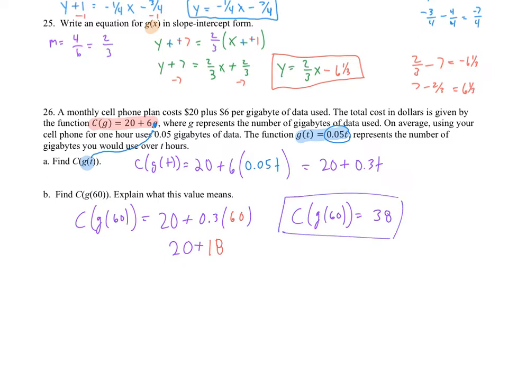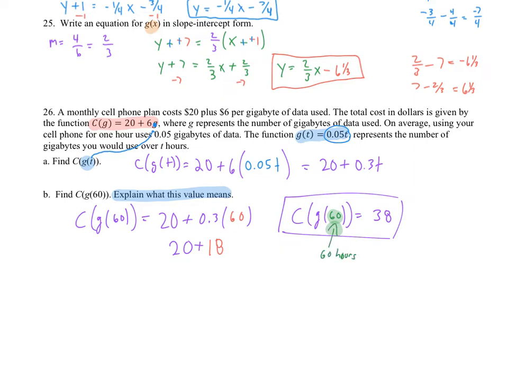So what does that mean? All right, the next thing it asks us to do is explain what this value means. So what did we plug in? All right, we plugged in 60. Well, 60 what? What did that take the place of? Okay, so that must be 60 hours. And what do we get out?